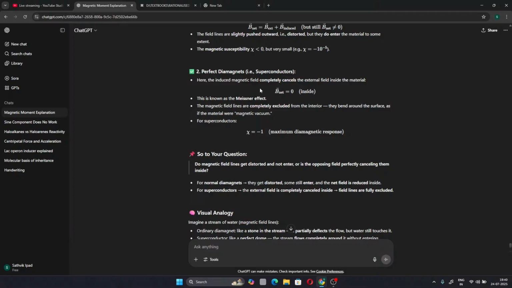Here the induced magnetic fields completely cancel the external magnetic field inside the material.